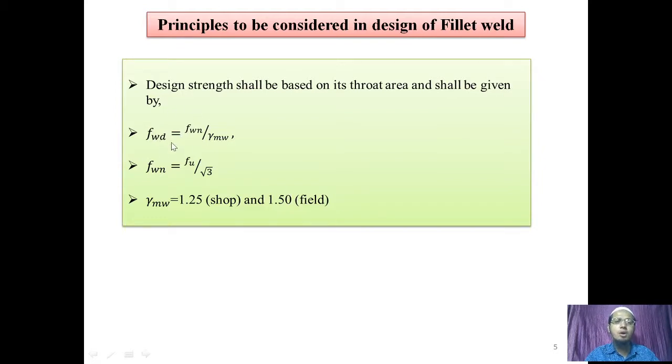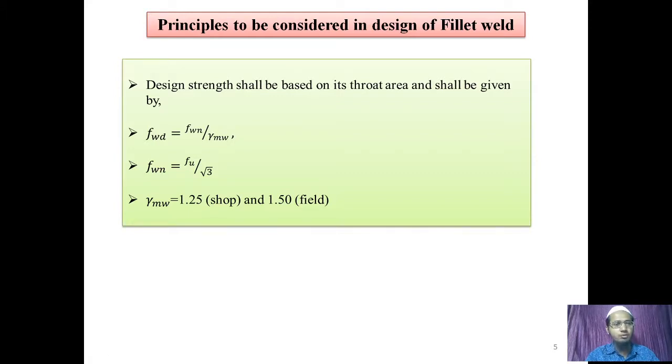What about the nominal weld strength? It is obtained as the ultimate tensile strength of the plate or member divided by root 3. This formula is also given in IS 800 2007. So these things we should know while starting the design of fillet weld.